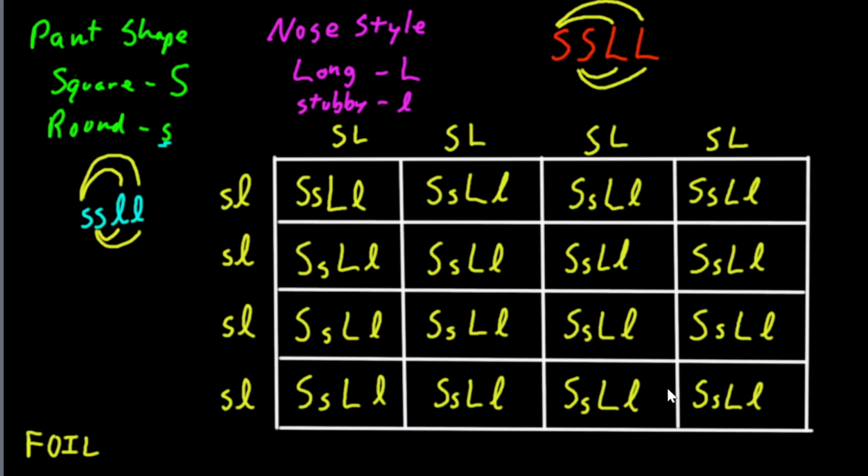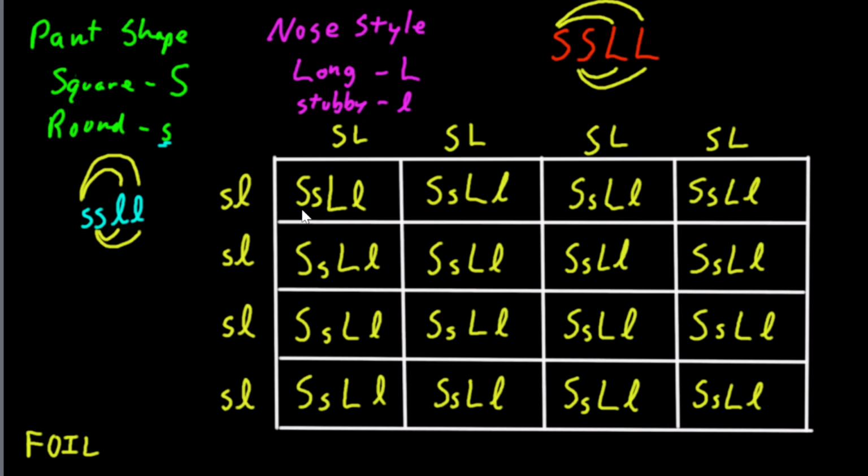Hopefully you've had a chance to fill in the Punnett square, and you can see that because all of the gametes from the aunt were one type and all of the gametes from the fiancé were one type, what we got in the first square is the same thing that we got in the rest of the squares. And that is heterozygous for both pants shape and for nose style.